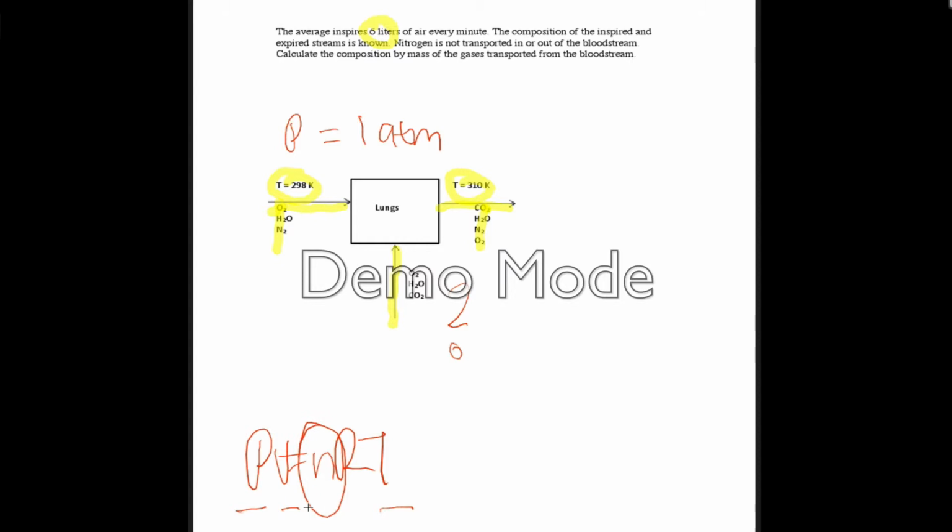And the reason that this is an appropriate assumption is because the temperatures are both near the temperature of STP, and also they are so far away from the condensation point of these compounds that it is an appropriate assumption to assume that the ideal gas law can be used.